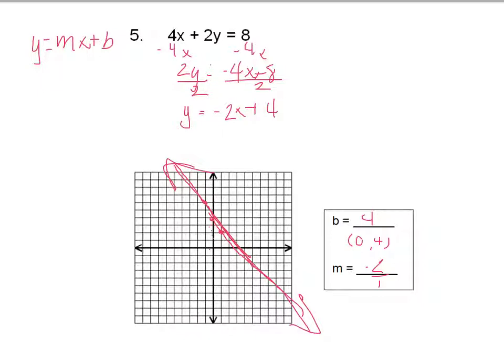Now, if we were to compare this line to our parent function, y equals x, you can see that the y-intercept has changed. The line has moved up 4. And then hopefully you could also tell that the slope is steeper.